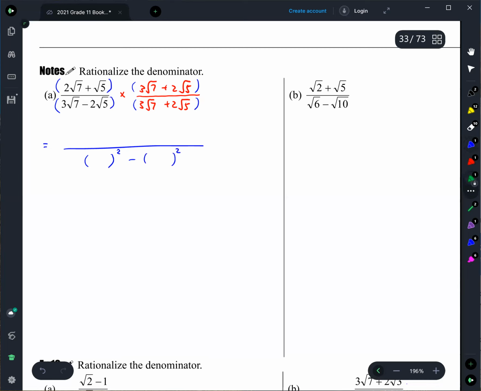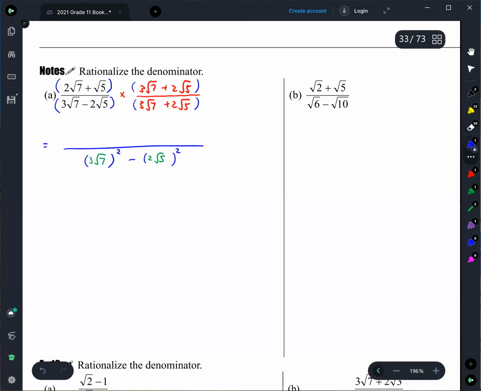So the thing that goes inside will be the first term and the second term. Okay, and then for the numerator, it's just a lot of multiplication, right? One by one. 1, 2, right? And then 3, 4. Okay, so you need to multiply all four pairs.